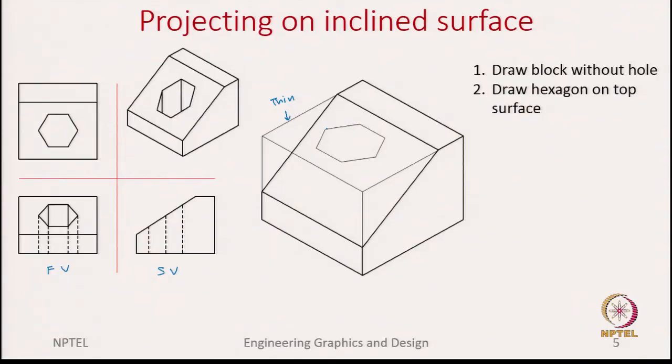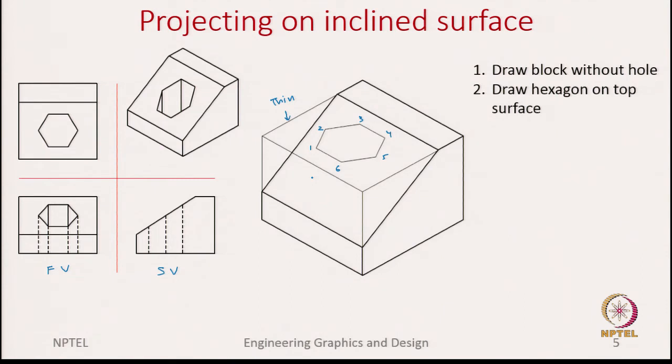Okay. So, now we have this hexagon in true size on the top face. How do I project these points? Let us name these points 1, 2, 3, 4, 5 and 6. If I can project these points onto the inclined surface, then I just need to connect those points to show how it looks.